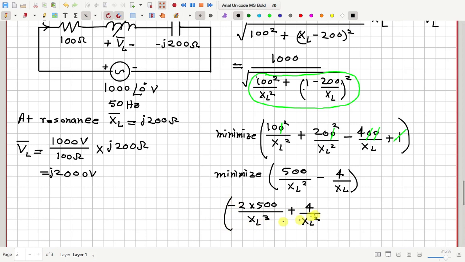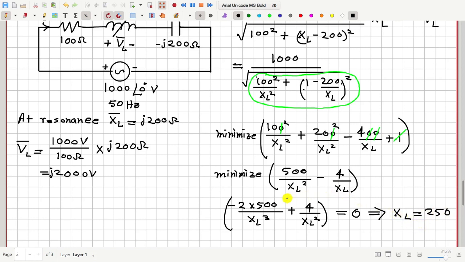So this is the derivative with respect to XL, and this should be equal to 0 for the minima. Now this would imply that XL is equal to 250.